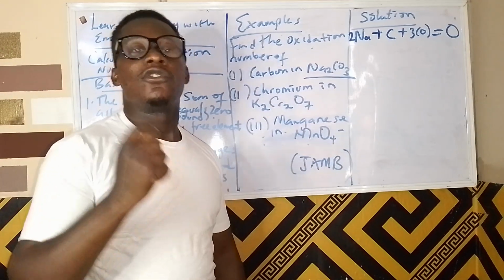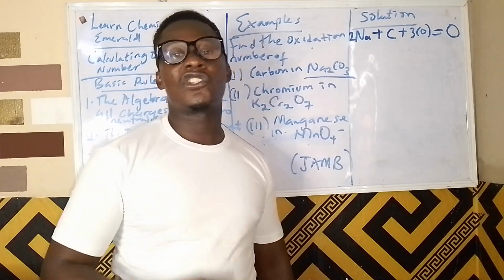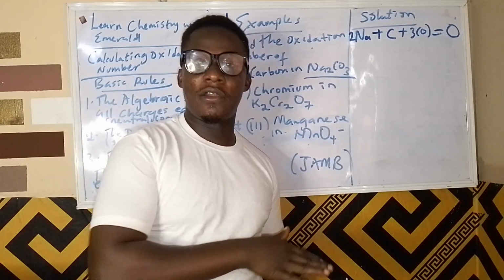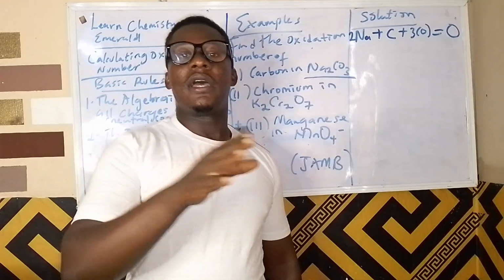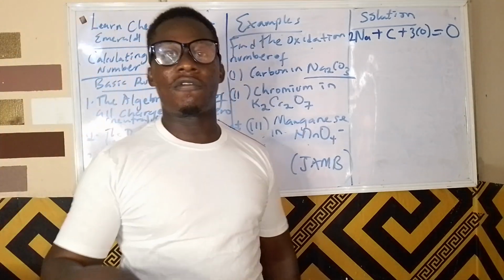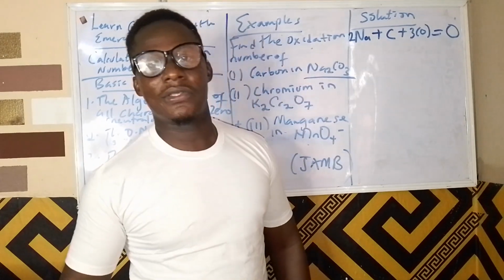I recommend that you go and learn the oxidation number of elements 1 to 30, and then the oxidation number of all the radicals like CO3 2 minus, NO3 minus, ClO3 minus, etc.